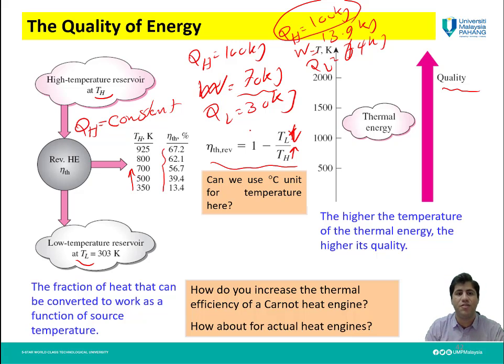This is the reason, if you notice, for a solar collector, to use the solar thermal energy, we usually use concentrators to concentrate the sunlight and increase the temperature of a liquid or something, to increase the temperature which we can get from the sun. By those devices, we increase the quality of the energy.